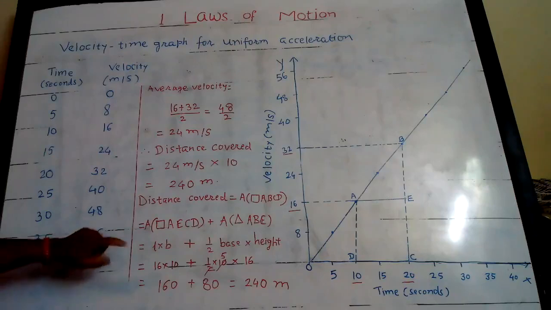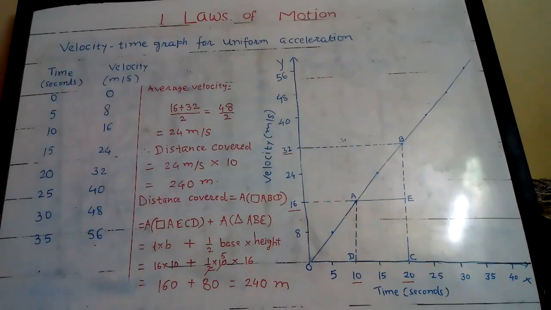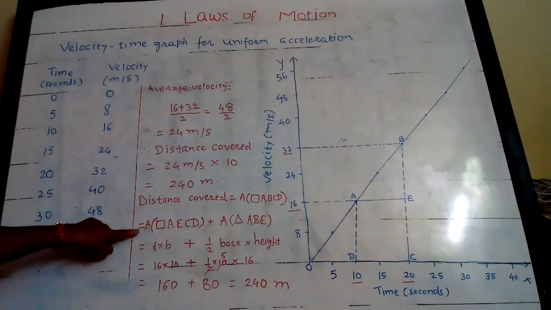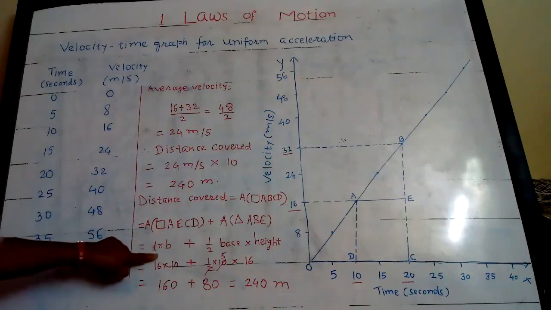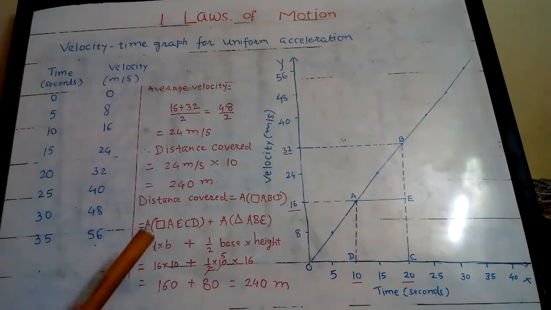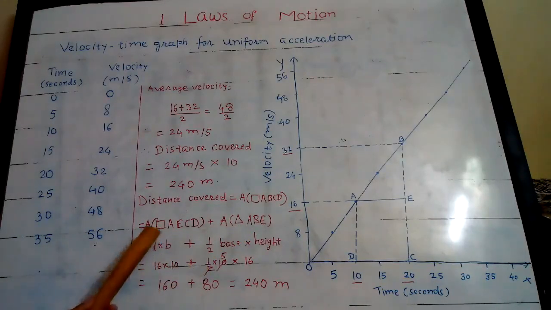Distance covered is equal to the area of quadrangle ABCD, which is equal to the area of rectangle AECD plus the area of triangle ABE. The area of a rectangle is length into breadth, and the area of a triangle is half base into height. For the length into breadth, the length is 8 plus 8 here.